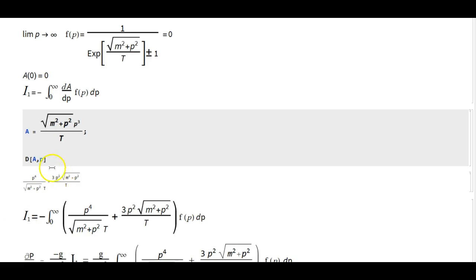And I'm using the power of Mathematica here to do all these derivatives.